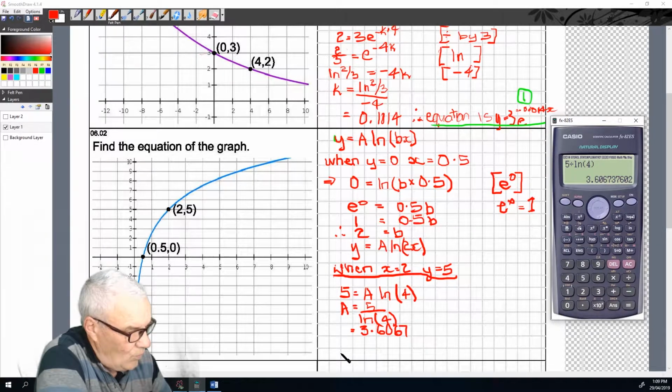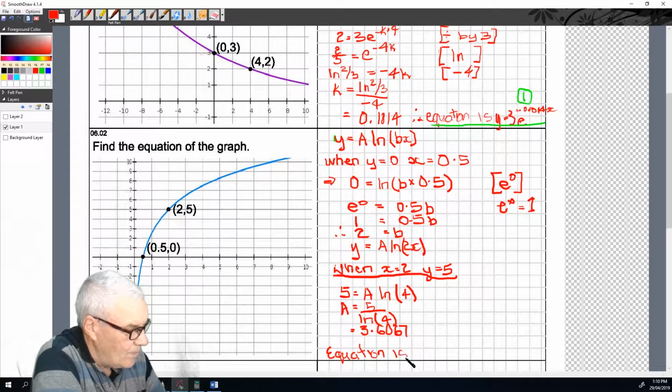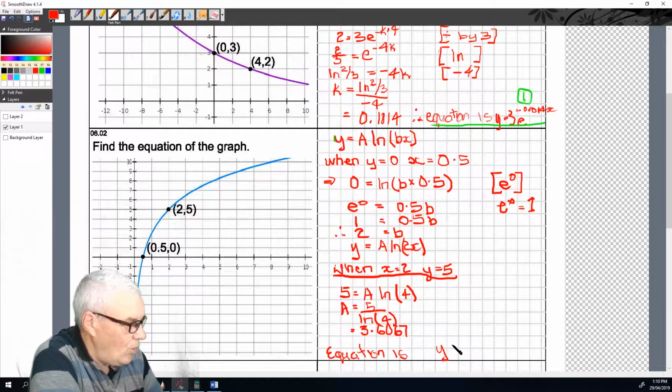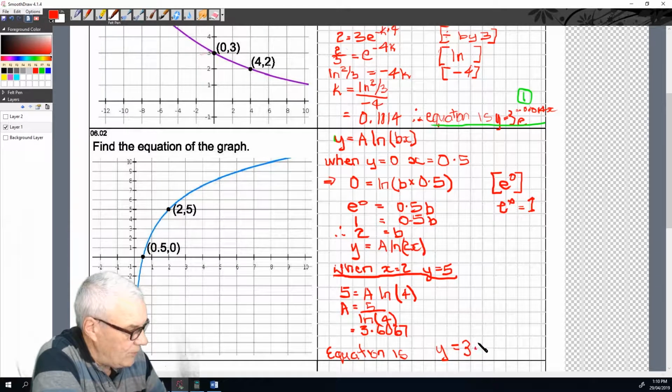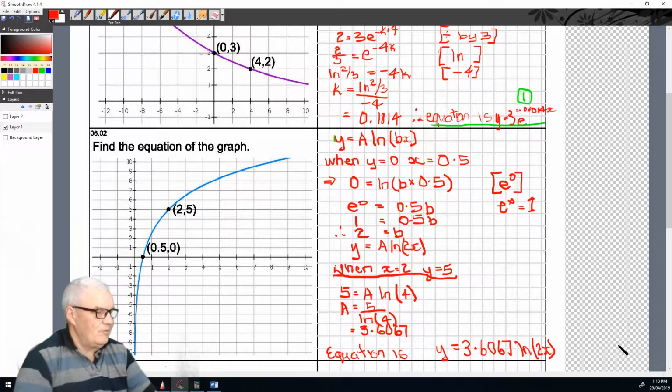All right, therefore the equation of that graph is y equals 3.6067 ln 2x.